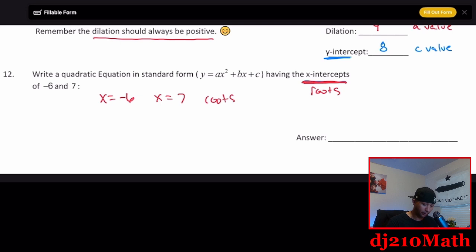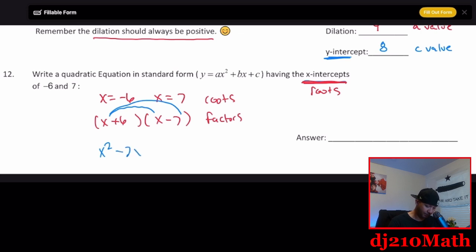Working backwards, we need to turn them into factors. Now, typically we're used to going the other direction, right? The inside lies. The inside must lie. So this means x plus 6, x minus 7, right? Because it's the opposite. And now to get it into standard form, we just distribute. x times x, x squared. x times -7, -7x. 6 times x.